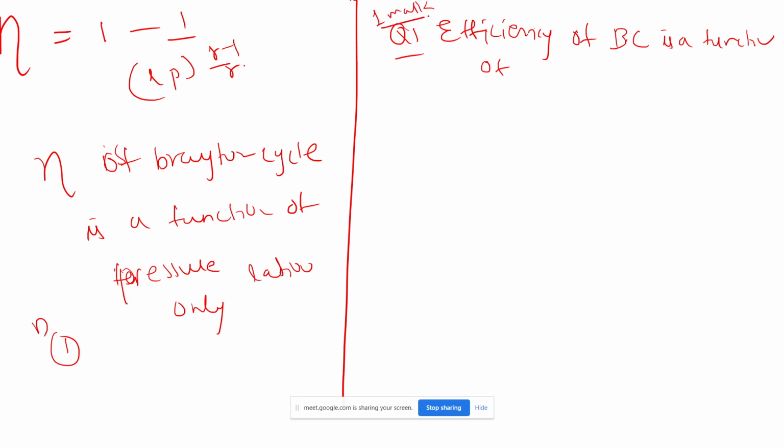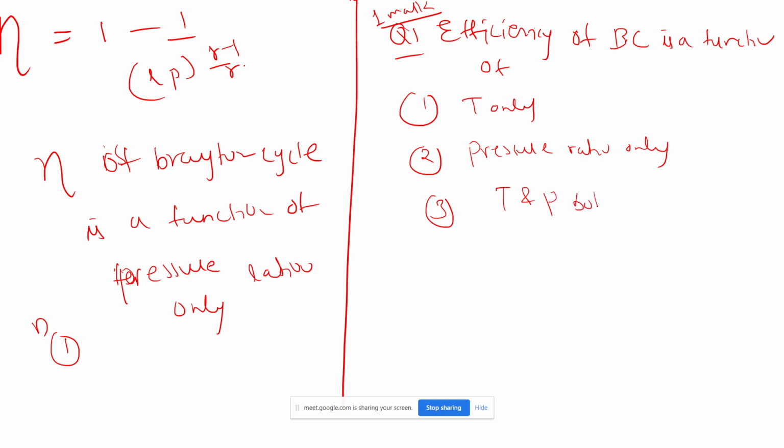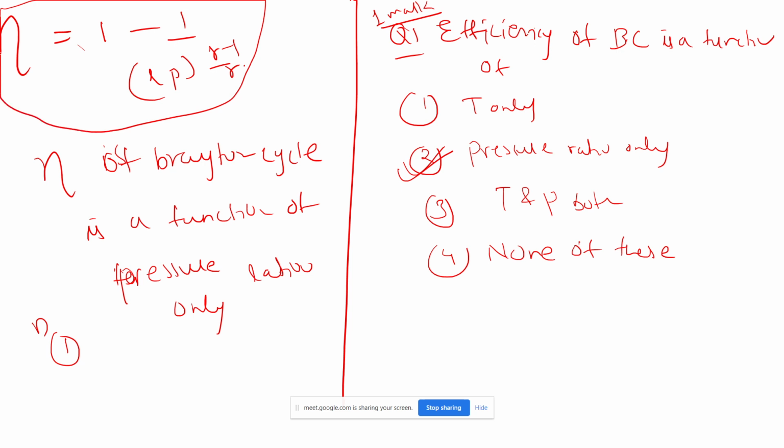Option A: temperature only, B: pressure ratio only, C: temperature and pressure both, D: none of these. So in that case, if you remember the formula, you can directly take this answer. It is a function of pressure ratio only, because here we have derived this formula, that efficiency is inversely proportional to this.